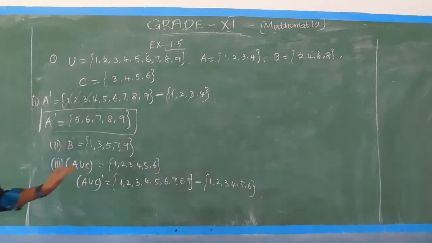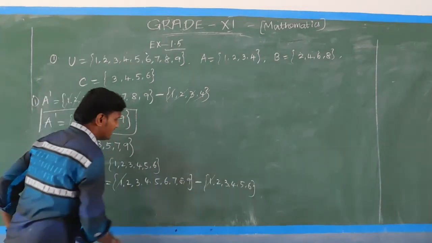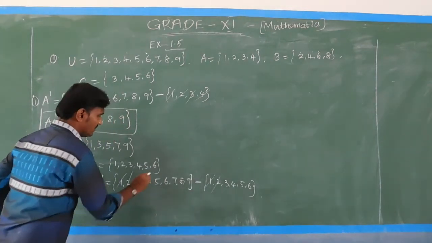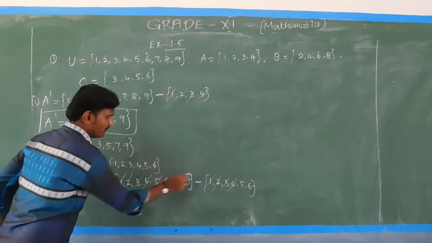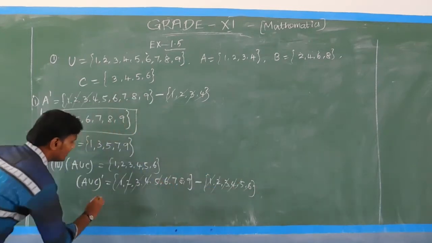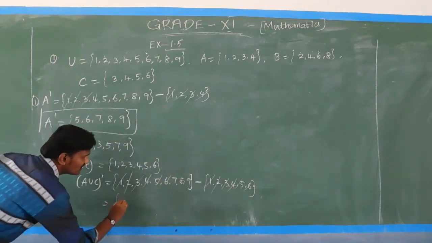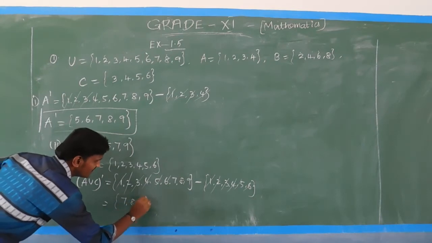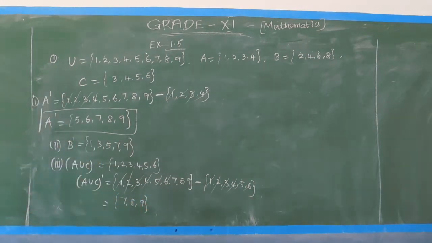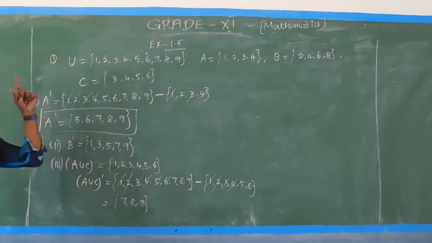Okay, so what are the common elements? 1, 2, 3, 4, 5, 6 are eliminated. So the remaining elements of the universal set are 7, 8, 9. These three elements only. So this is your remaining elements of the universal set outside A union C.